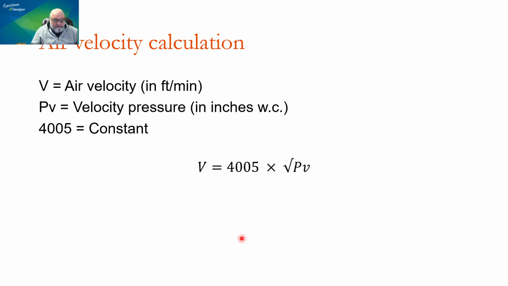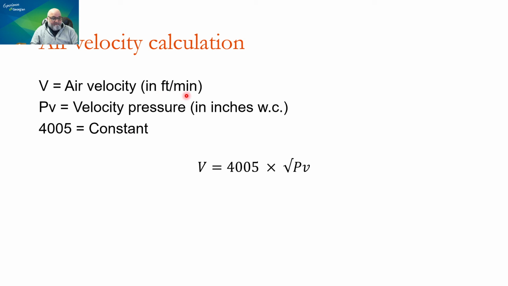Well, you remember we had a relationship between the velocity and the airflow and size of the duct? Yeah, we just did that. So if you can measure the velocity pressure, and you have this constant in the imperial system, you can simply get the feet per minute.